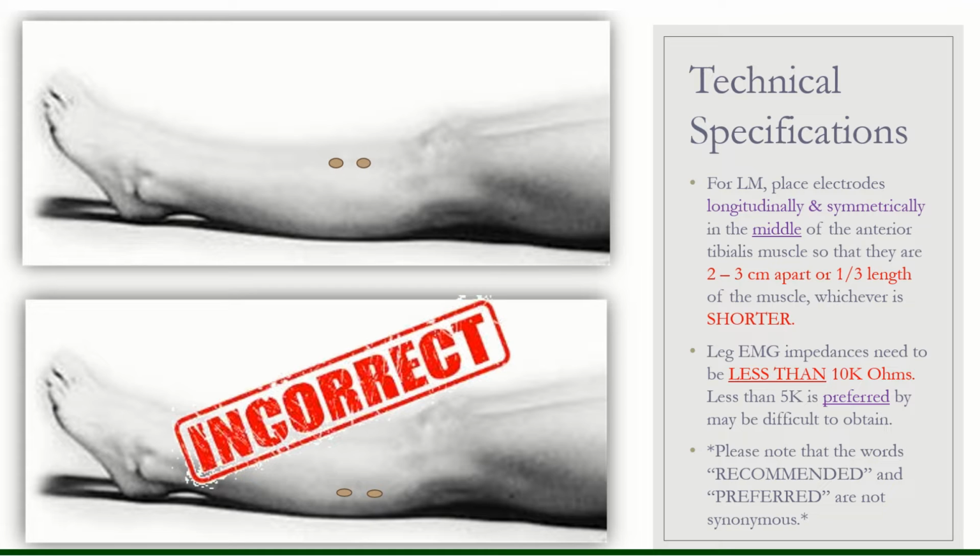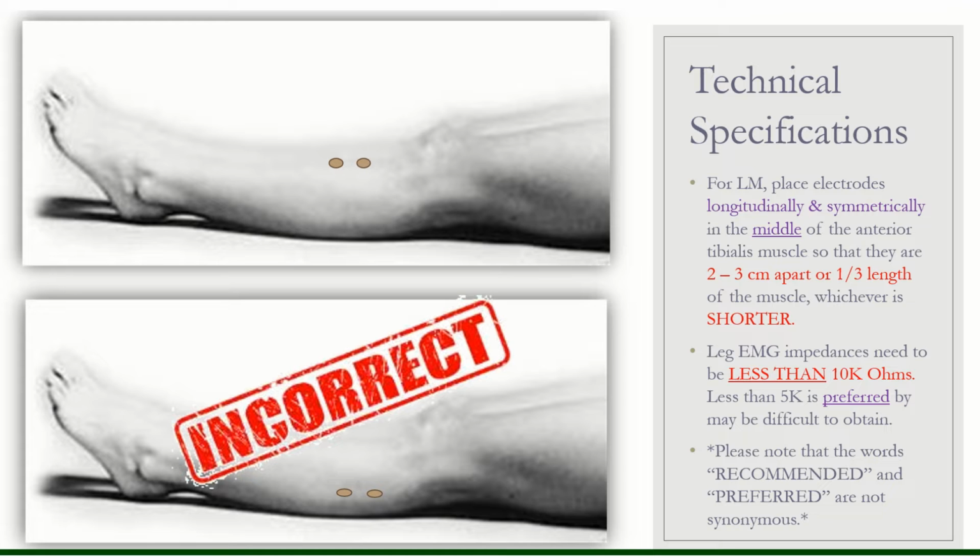All right, so your leg EMG impedances need to be less than, keyword less than 10,000 ohms. So don't get on the test and see 10,000 ohms and just click that because that number stood out to you. No, it needs to be less than 10,000 ohms. Less than 5,000 is preferred, but it may be difficult to obtain. So what's required is less than 10K.